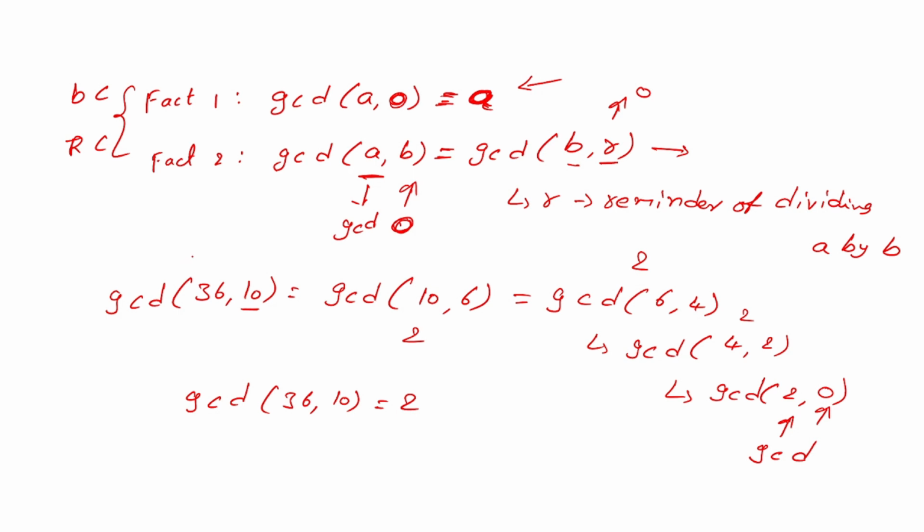So what is the actual algorithm? This is the process, and we need to represent this process with an algorithm. Suppose we take the first value A in R1 and the second value B in R2. We need to repeat the process, so that's why we are taking a while loop.